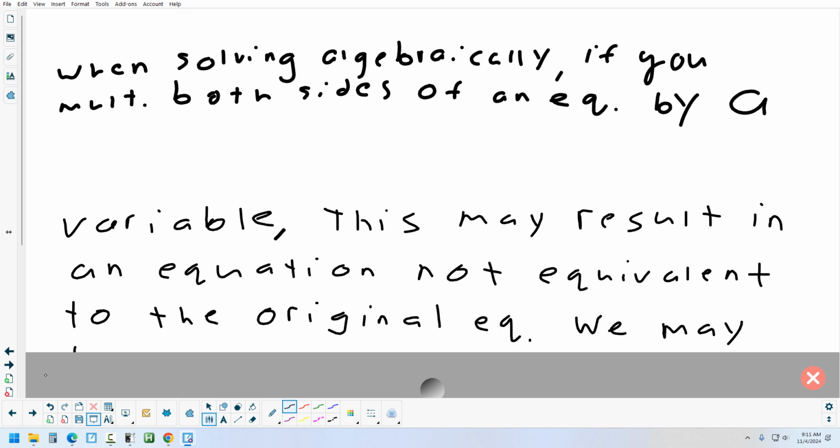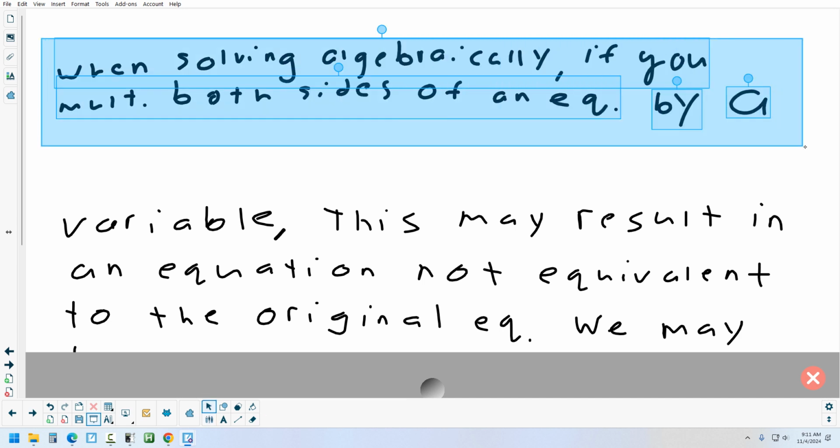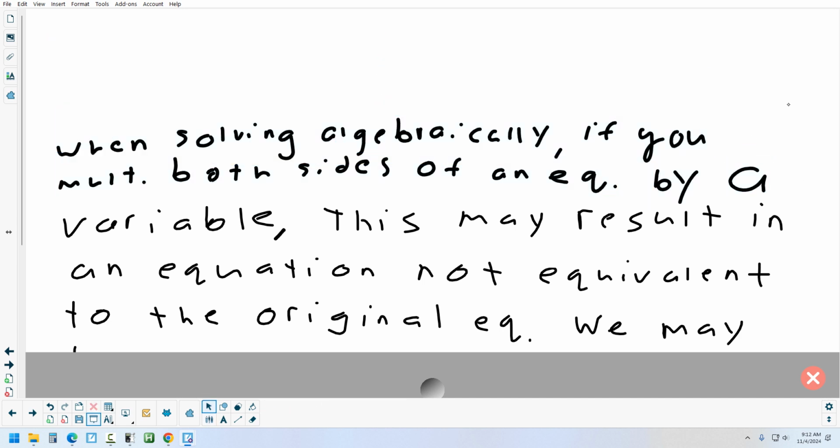Sorry, guys. Okay, so just put all that together. So when solving algebraically, if you multiply both sides of an equation by something with a letter in it, this can result in an equation that's not equal to what you started with.